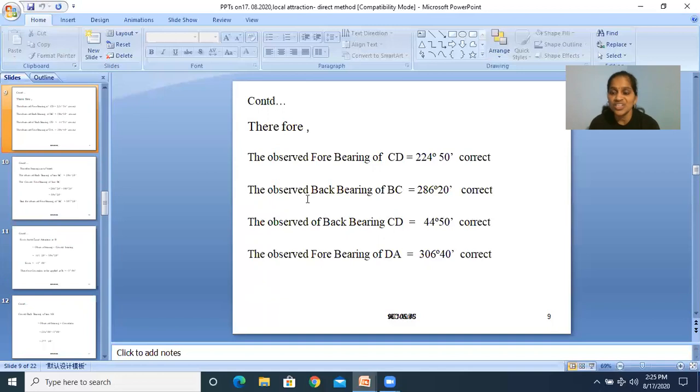And only two stations, that is A station and B station, are affected by local attraction. Likewise, we have to identify which station is affected by local attraction. Hence, the bearings which we have taken from A station and B station should be corrected.